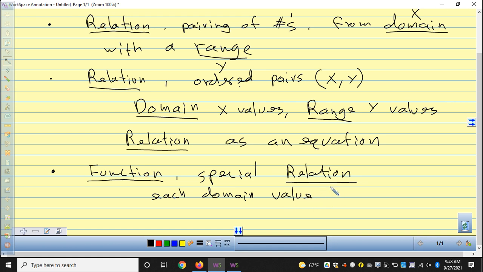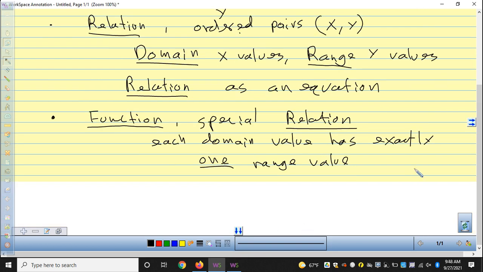Each domain value has exactly one range value. The way we can see that in our ordered pairs, I'm going to add a little thing here. You might want to put it towards the edge of that first section.